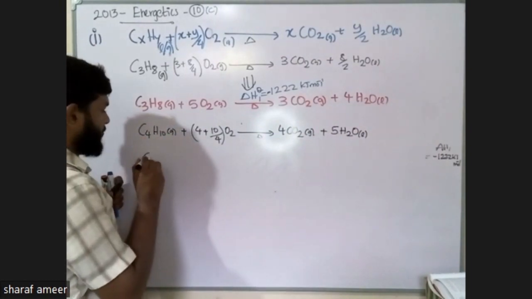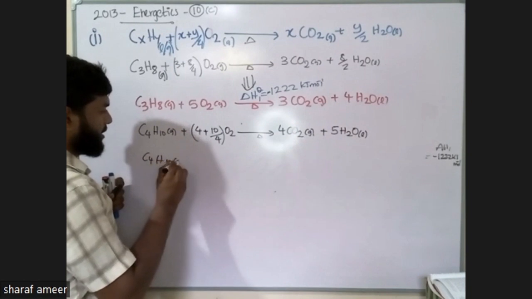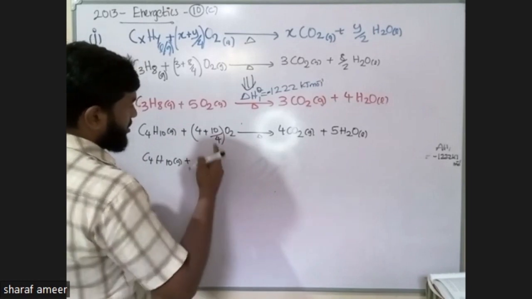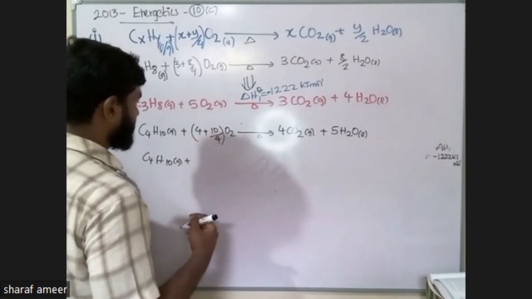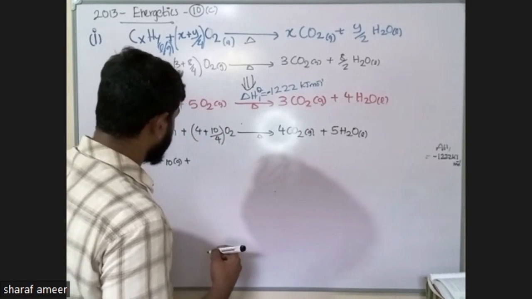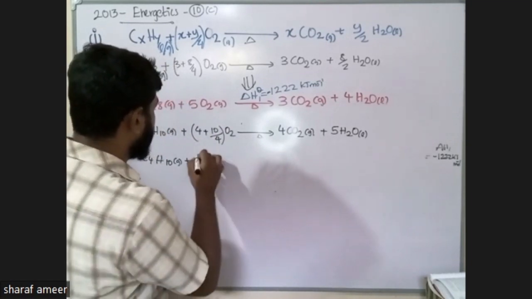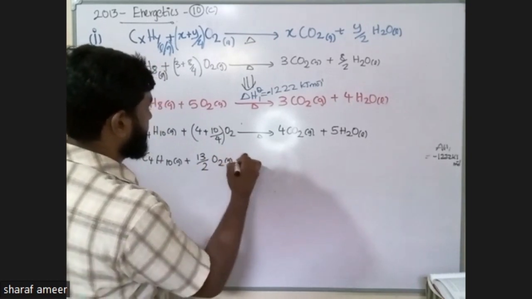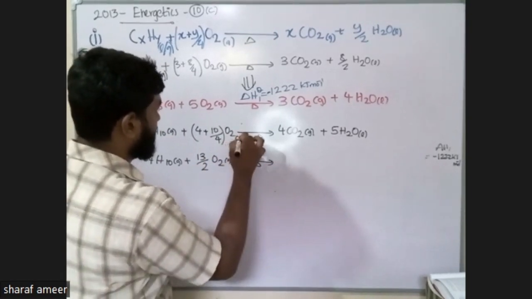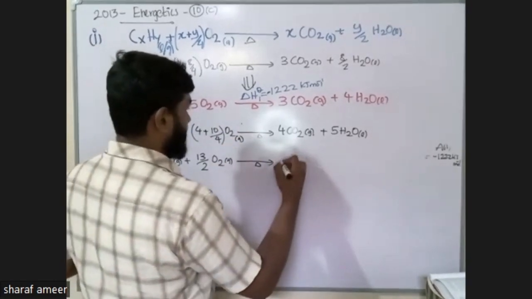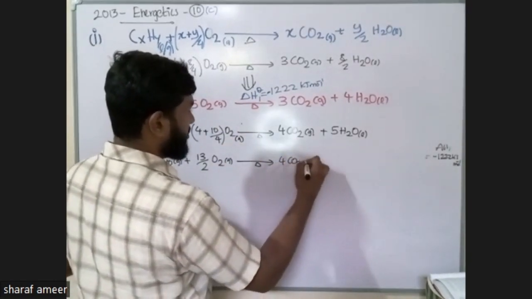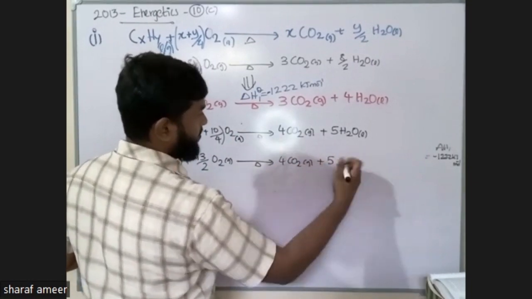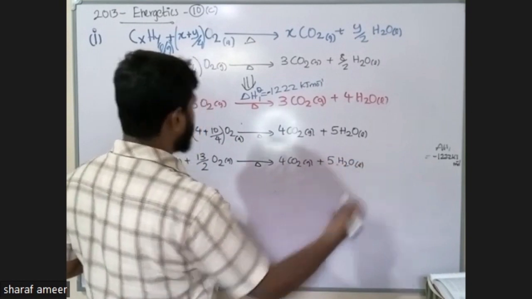So C4H10 gas reacts with 13 by 2 moles of O2 gas to give 4 moles of carbon dioxide gas and 5 moles of H2O liquid.